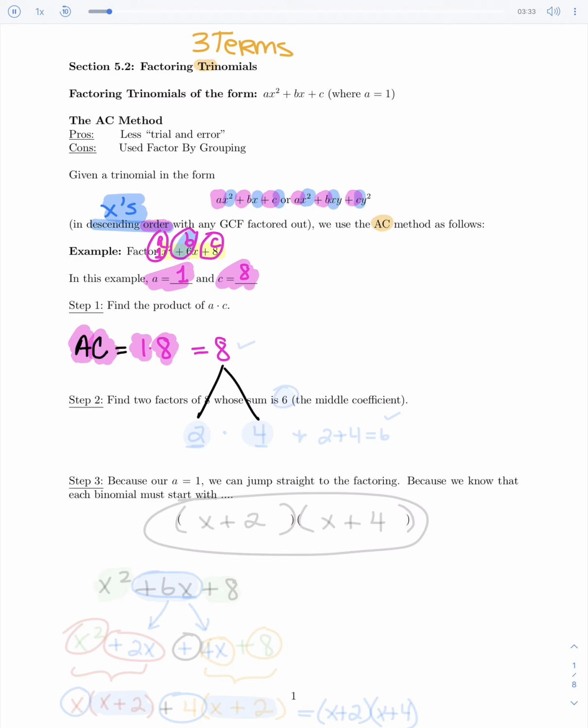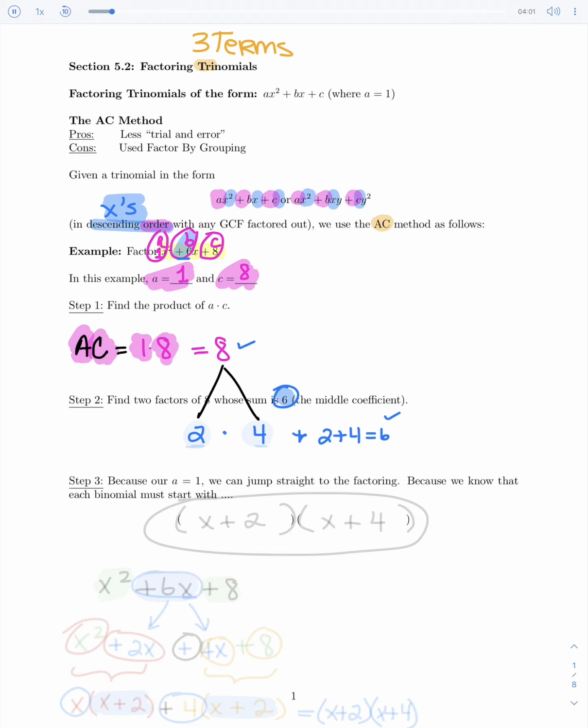Well, there's only 2 factors of 8 that actually give you 8 but add up to the middle number, the 6, and that's positive 2 and positive 4. Positive 2 and positive 4 do multiply together to give you 8, and 2 plus 4 also does add up to give you the middle number, the 6, for the B.